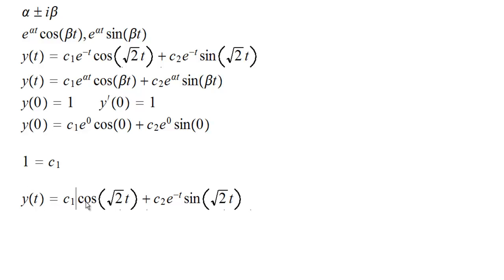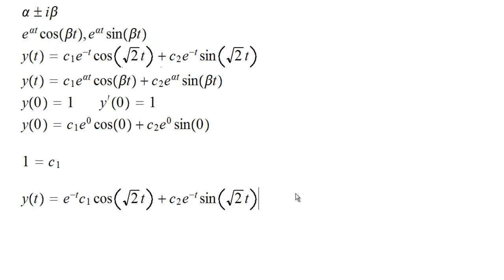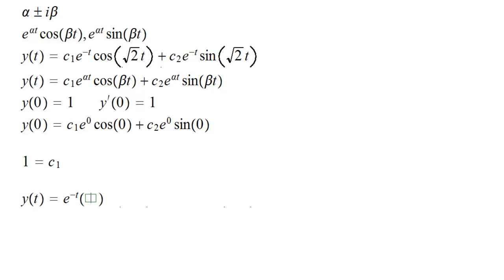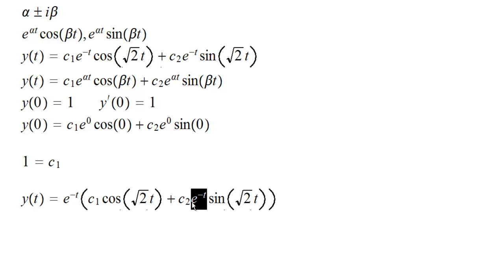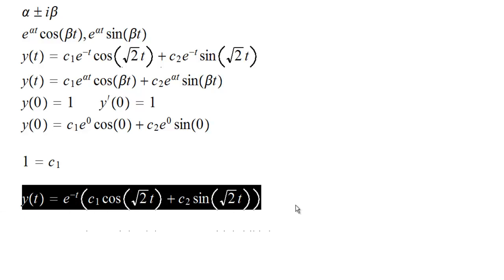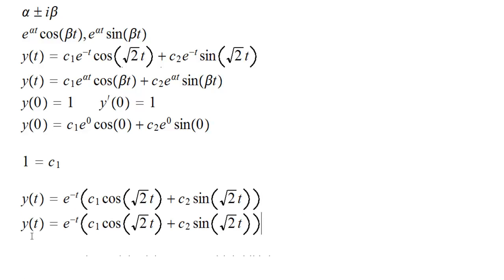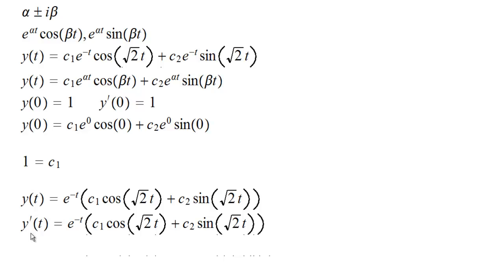I think a little time saving effort will be this, that let's factor e to the negative t out, okay? Then what we remain with is this in here. That might save us a little time in using the product rule while differentiating this equation, because we have to apply the condition on derivative.